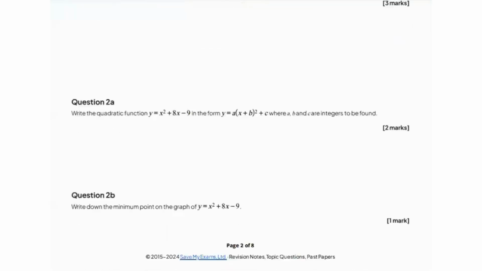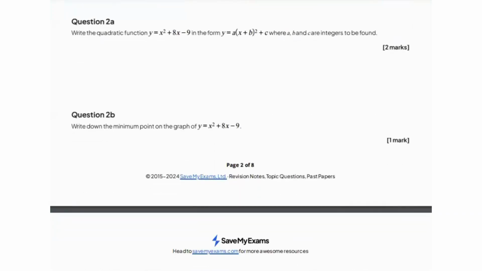If we move on to the next one, it's asking us to write the quadratic function in the form y equals a times (x plus b) whole squared plus c, where a, b, and c are integers to be found. What we will do is first write the quadratic equation, which is y equals x squared plus 8x minus 9.